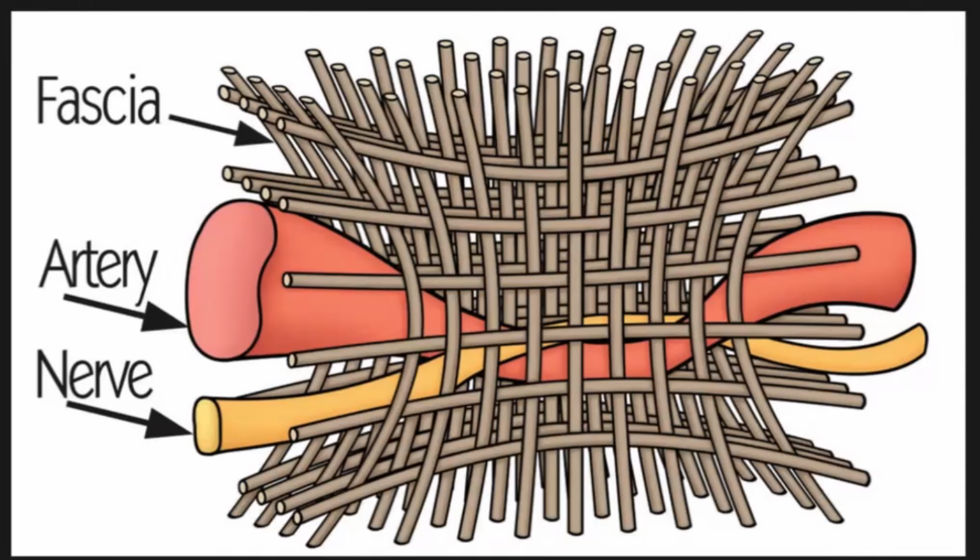Anything that influences that will cause things like pins and needles. Then on another level, on a smaller level, we get the squeeze of capillaries, which are smaller blood vessels.